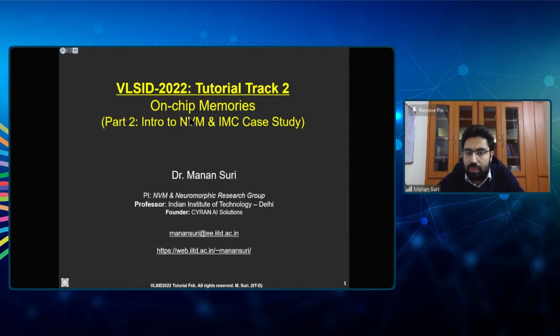That is what I will cover in this session. So I'm at IIT-Delhi in the electrical department, and as Saha also mentioned, I run the NVM and neuromorphic hardware research group. So we look into several NVM and memory related topics. I can be reached at this email ID, or you can look more about our research on this link.